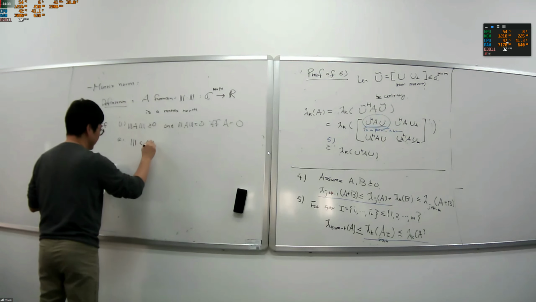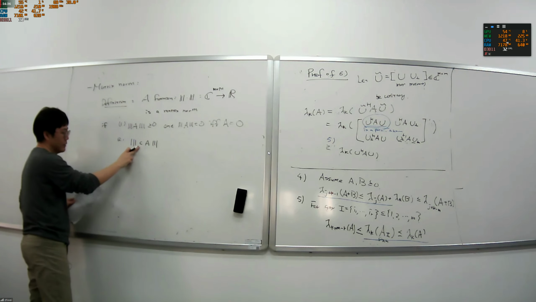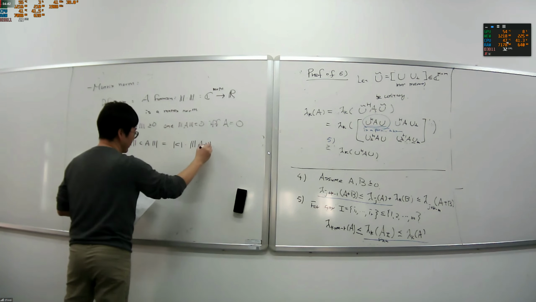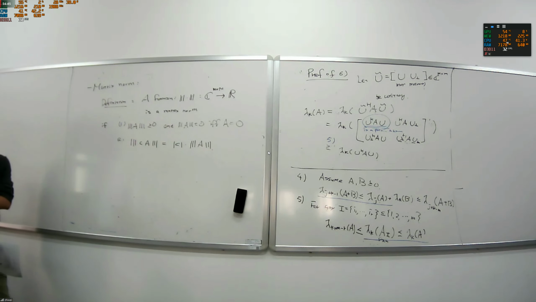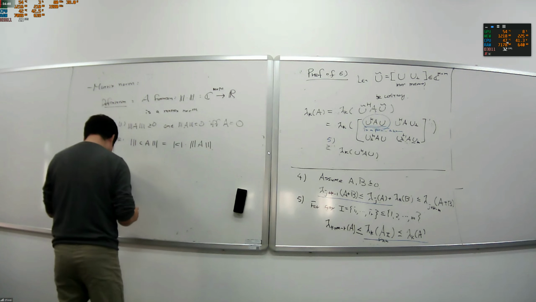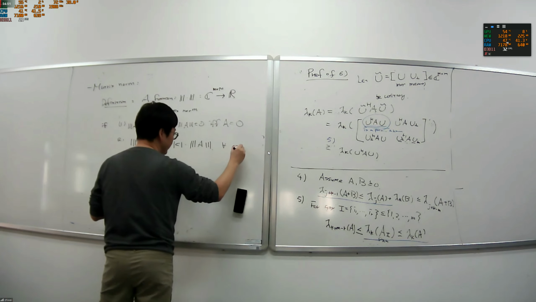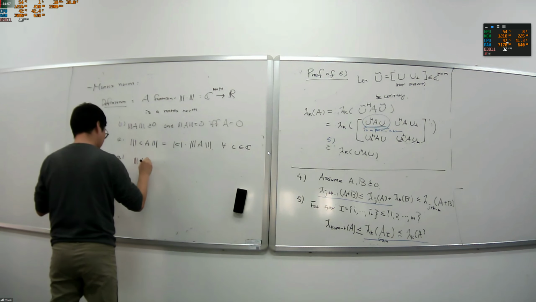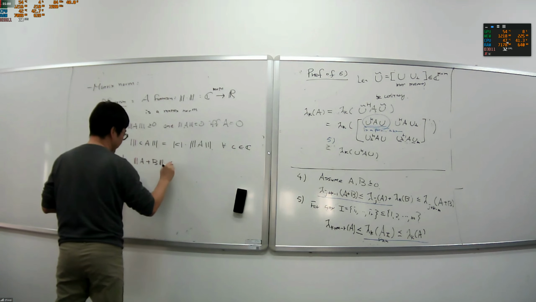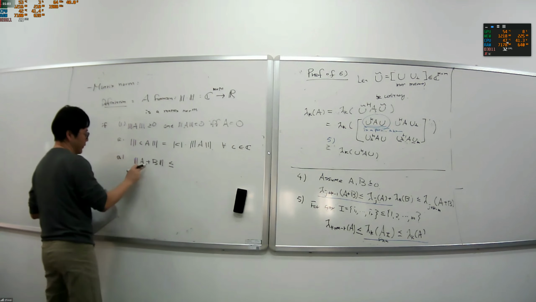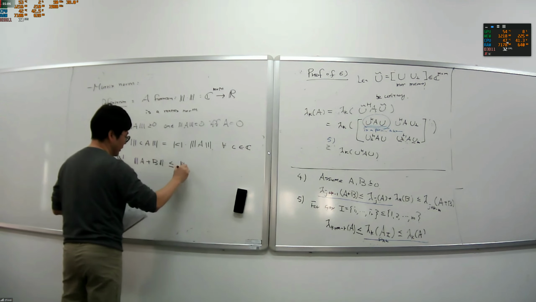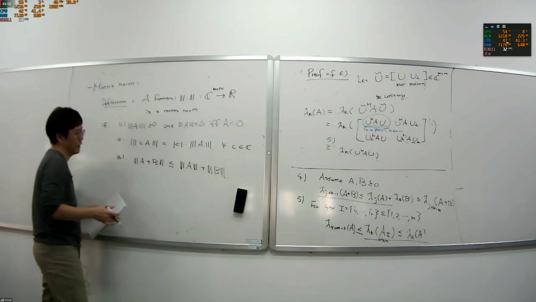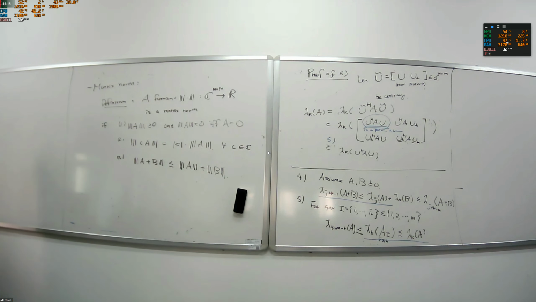This is quite straightforward. If you scale the matrix by a scalar C, then it just scales the norm in magnitude. The third one is the triangle inequality, which is also the same as for a vector norm: the norm of A plus B must be no larger than the sum of the norms.